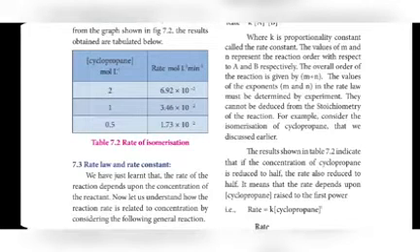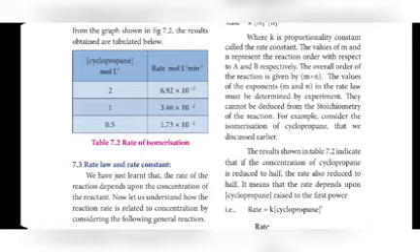For example, consider the isomerization of cyclopropane that we discussed earlier. On the previous page we discussed average rate and instantaneous rate using that reaction. The results shown in the table indicate that if the concentration of cyclopropane is reduced to half, the rate is also reduced to half.